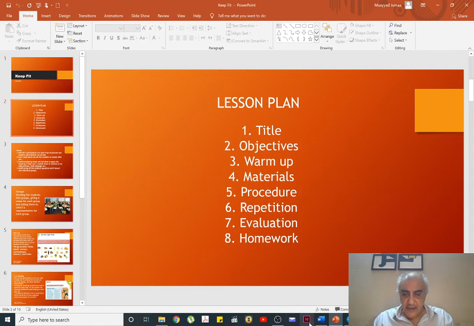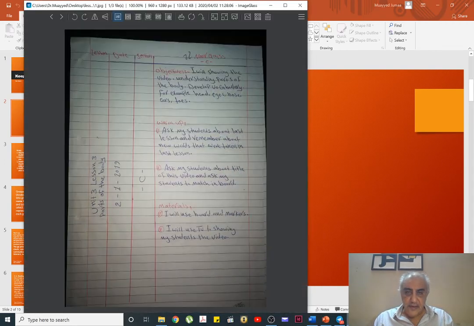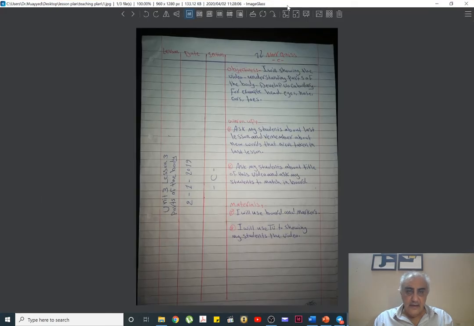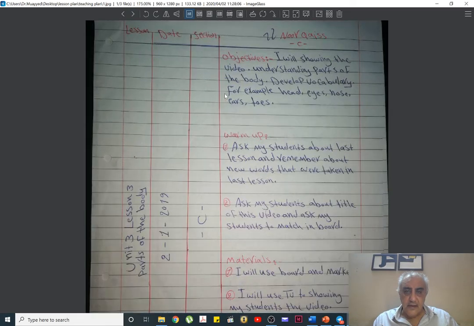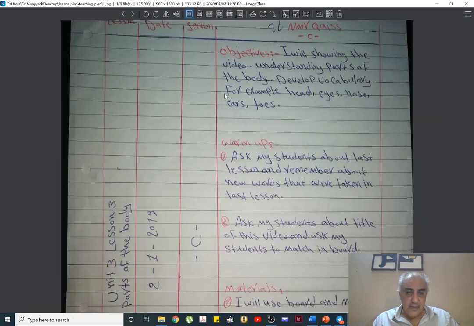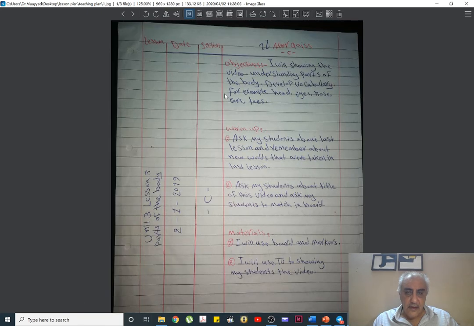Of course, there is an example of the lesson plan. As I told you, there are many mistakes here. This is just an example of one of the students last year, I think, that she just wrote. You just do it in the same way, okay?